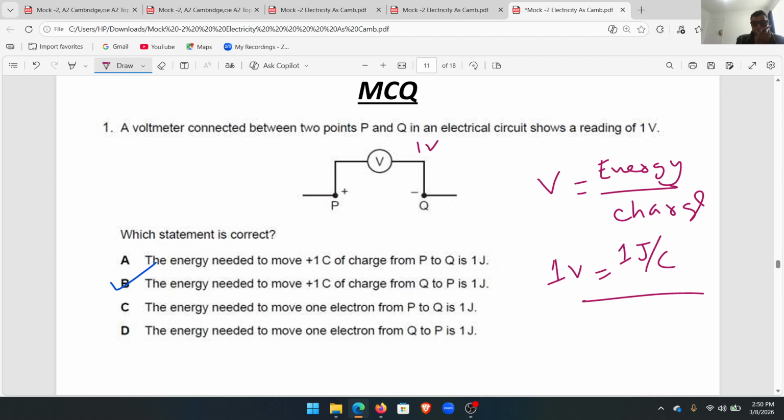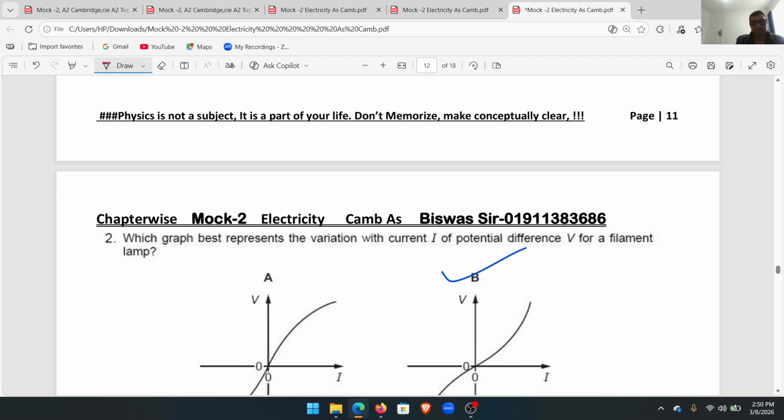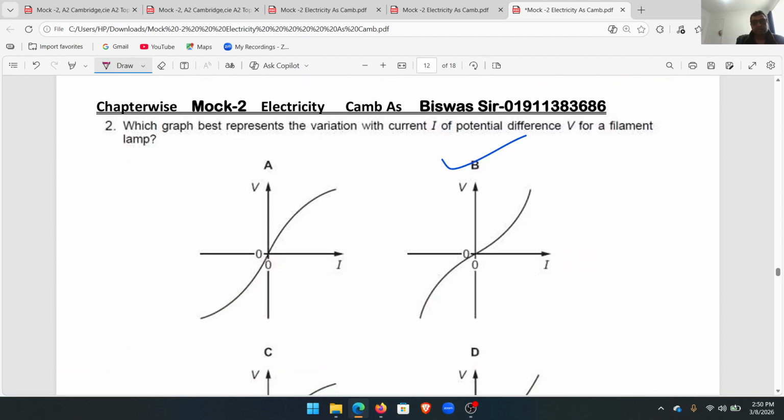So the energy needed to move 1 coulomb of charge from Q to P is 1 joule. By definition, it must always be positive. The filament lamp always bends towards the voltage axis because resistance increases, right? This is the first quadrant, and this is the negative axis.